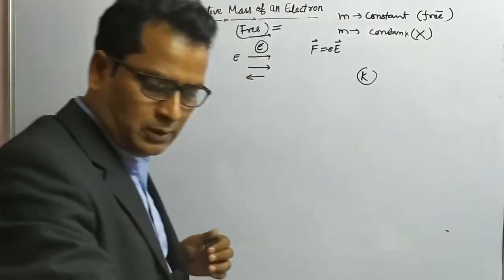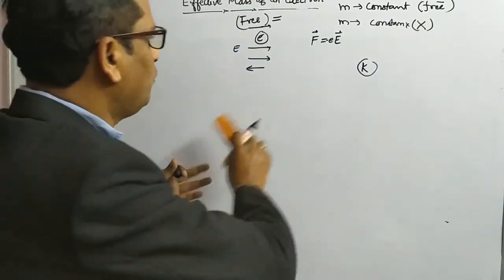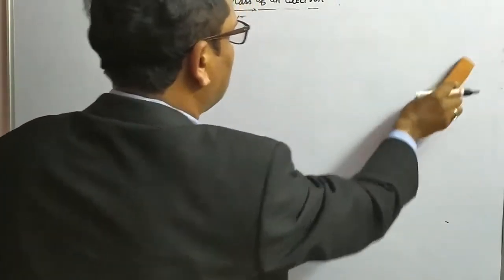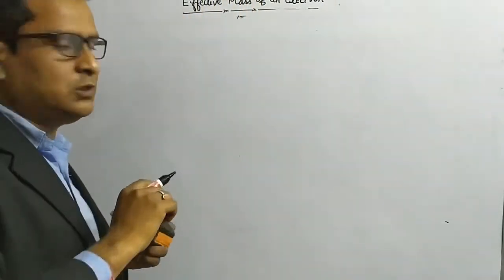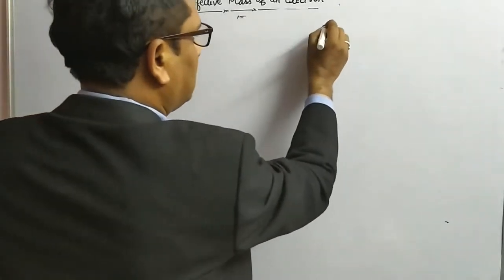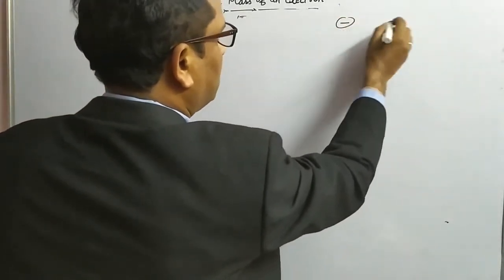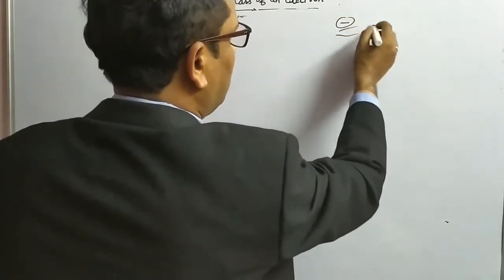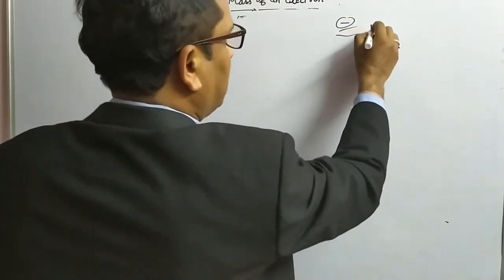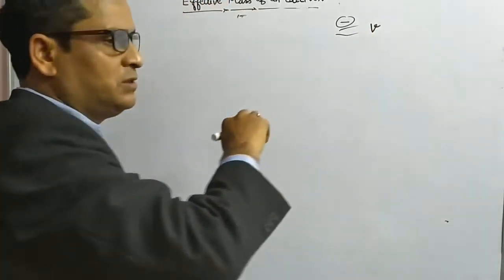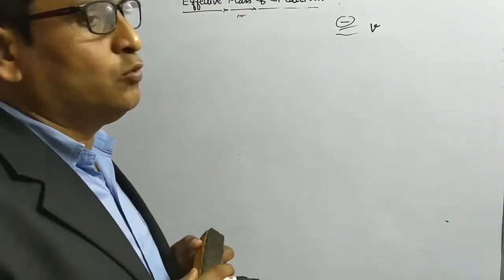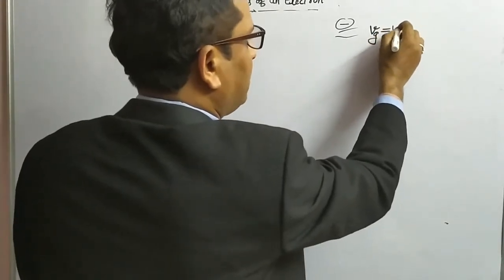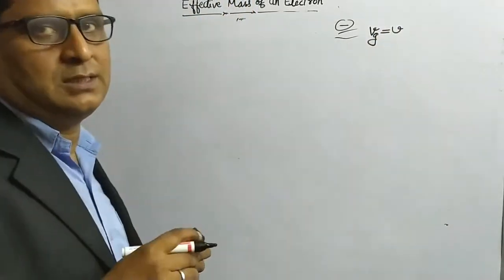So we will begin with the group velocity of the wave associated with the electron. This is the electron moving in this direction, then there will be a group of waves, and if I represent the velocity of the group as Vg, then v will be the particle velocity, the group velocity in this case.